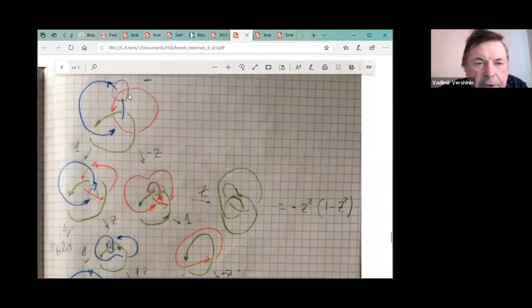So we take this crossing, again overcrossing, undercrossing, negative crossing. So we have 1. When we change the crossing, the blue one goes over.